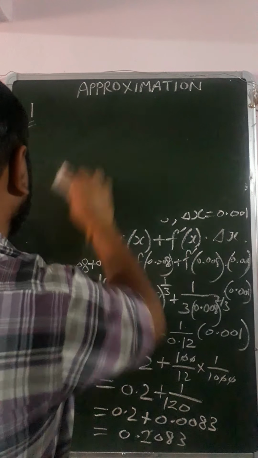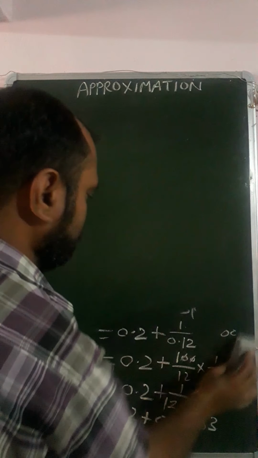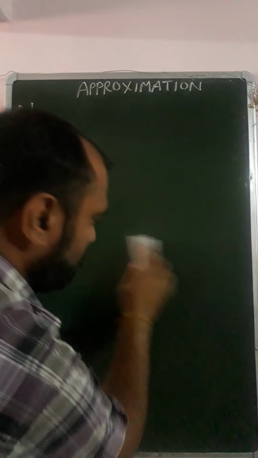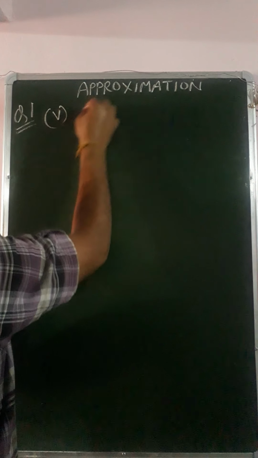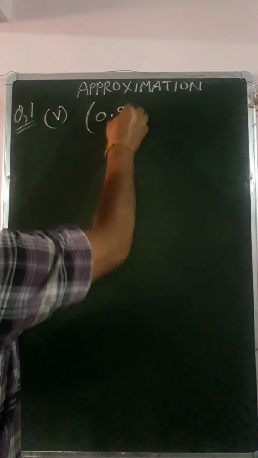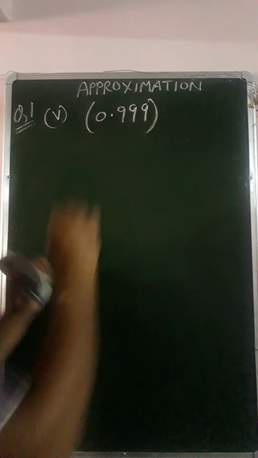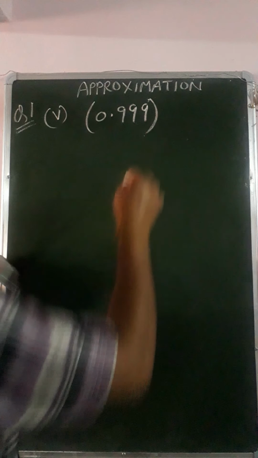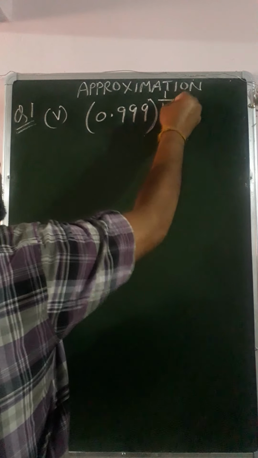Now let us do one more question. The question number 1, same question, the part number 5, that is find the approximate value of 0.999 raised to the power 1 upon 10, right?